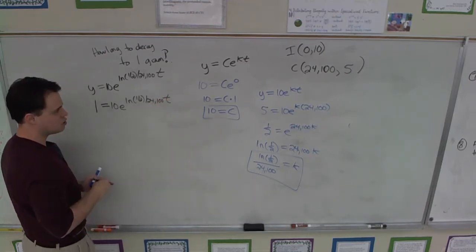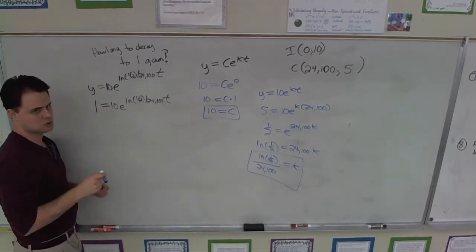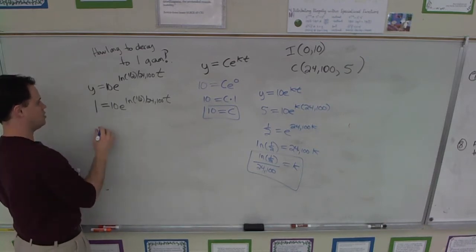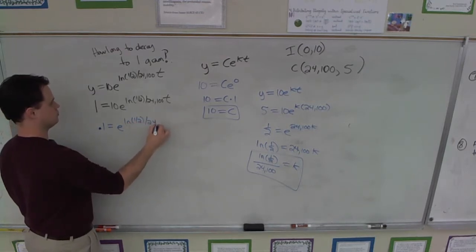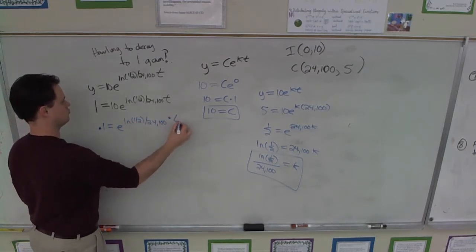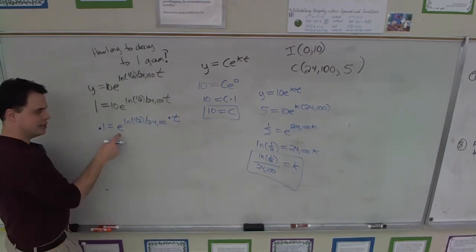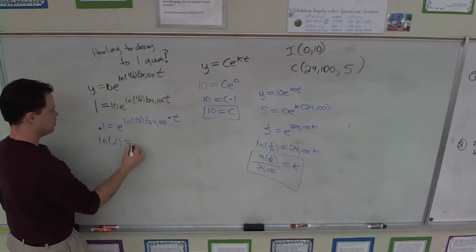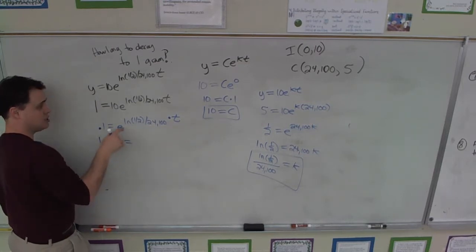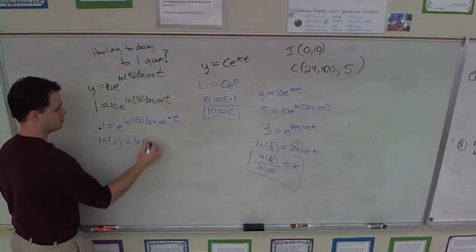The algebra is the same exact thing as we did right there. So I'm going to divide and get 0.1 equals e to the stuff. And now I need to get rid of e, so I'm going to take the natural log and say the natural log of 0.1 equals natural log over here kills this e, but this natural log is left.